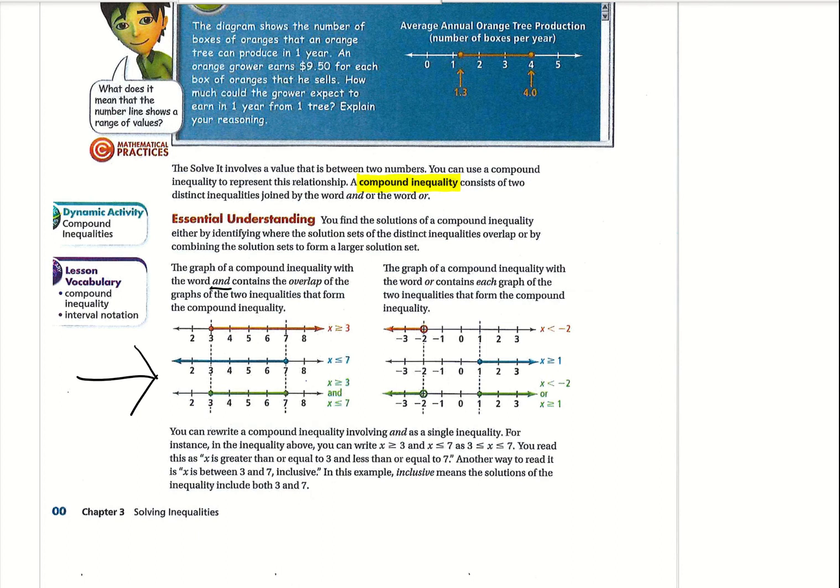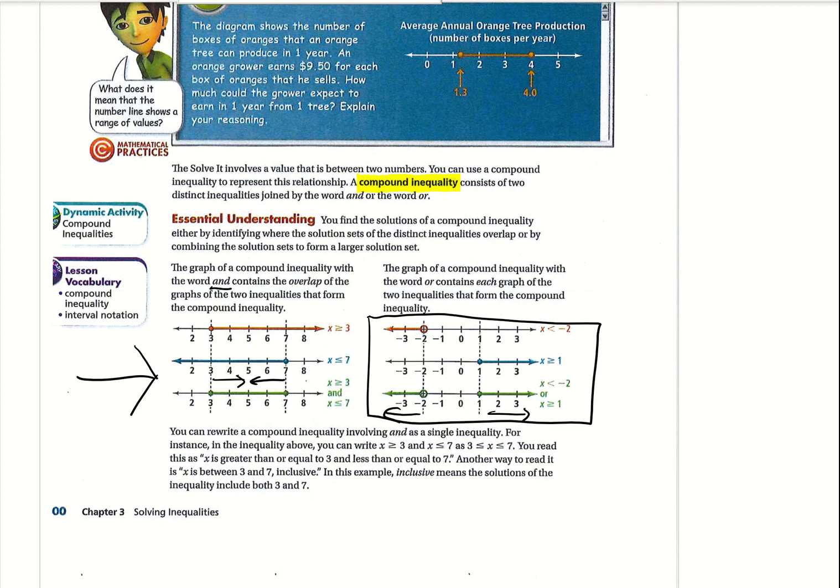And then looking at the or, we have this box that I'm drawing over here. This one, rather than the two of them converging or coming together like this side did, they're going to go apart. One of them is x is less than -2, the red or top graph.